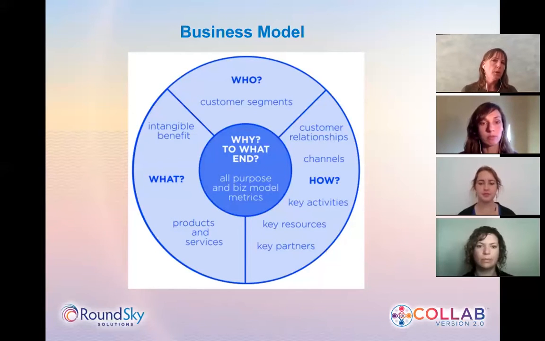Business plans also typically ask us to think about things like our marketing plan, our strategy, and what our management plan is. And in Collab, our business model really asks us to look in depth at all of the aspects that will relate to the financial ins and outs of the business. So this includes things like, what is our marketing plan, and who are the customers we're serving, and what are our projections related to that. But what makes it different is that it's a living document.